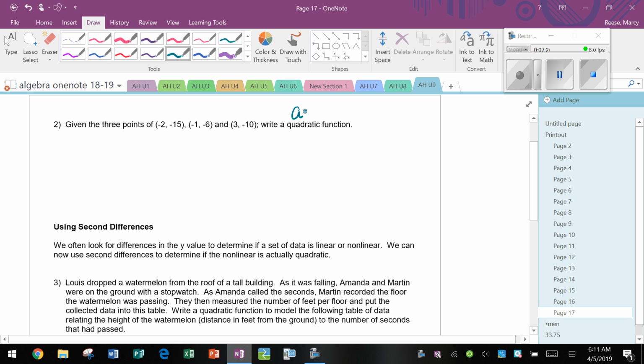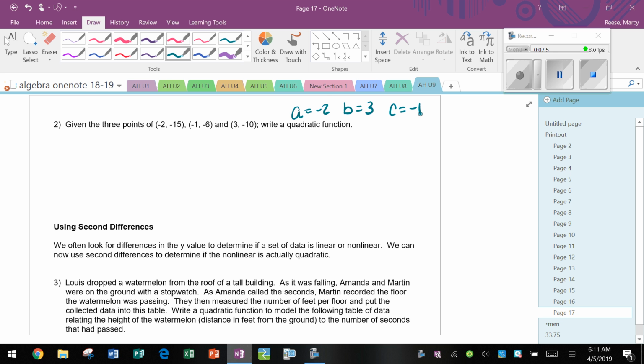When I did it, I got A is negative 2, B is 3, and C is negative 1. So follow the steps from the front page, plug them into y equals ax squared plus bx plus c, come up with the 3 separate equations, and solve for a, b, and c.